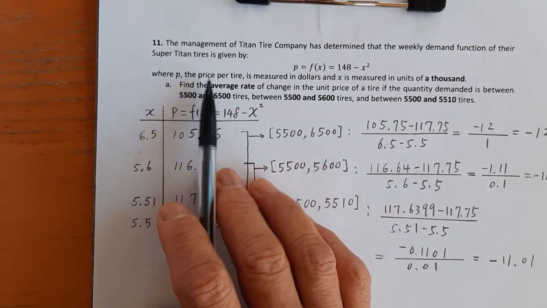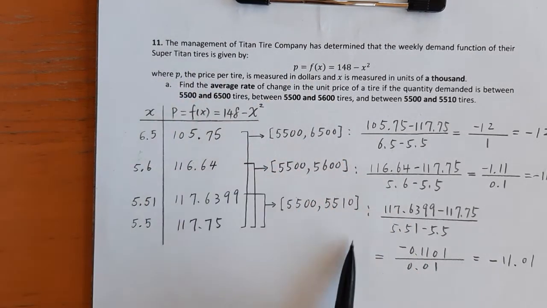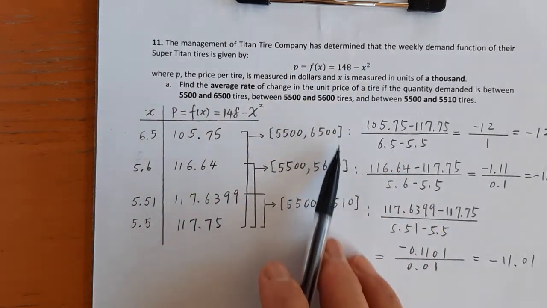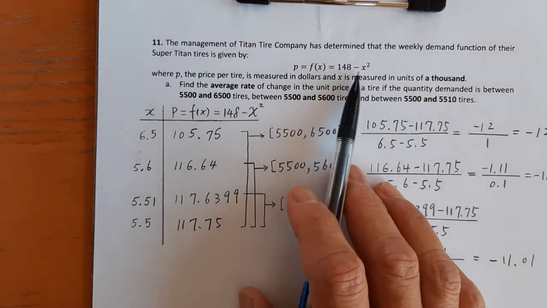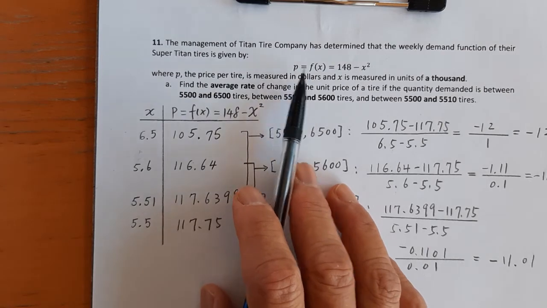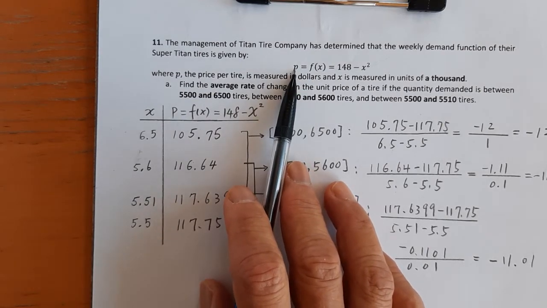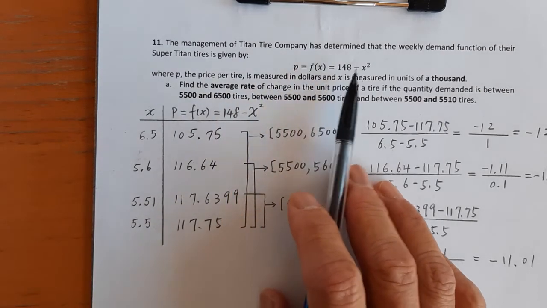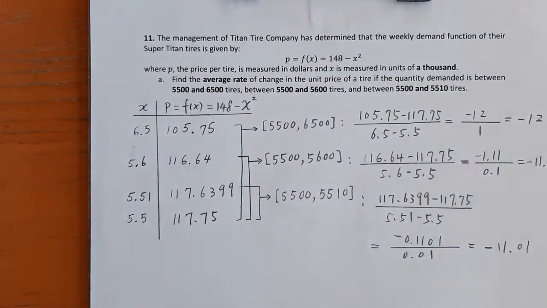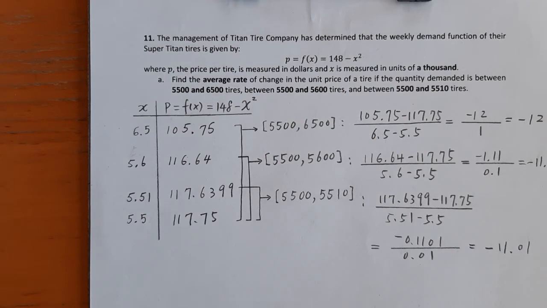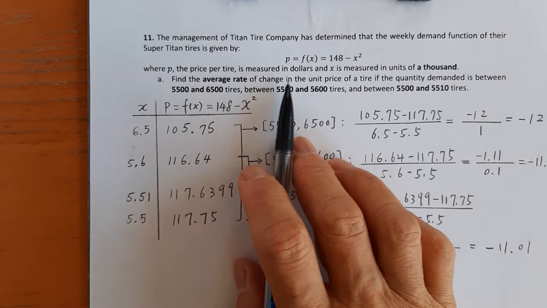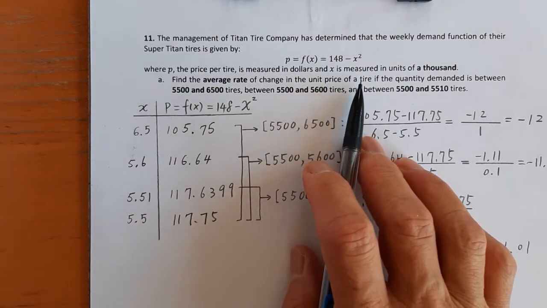P is the price per tile. The demand function is a decreasing function, so when x increases, the price decreases. When you have more demand, the price will decrease. P is measured in dollars, price per unit, per tire, and x is measured in 1,000 tires. Part A: find the average rate of change in the unit price of a tile.